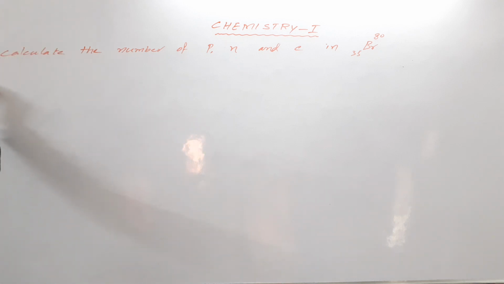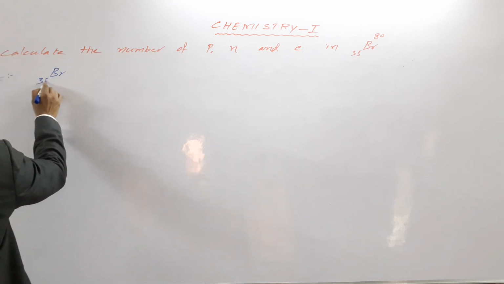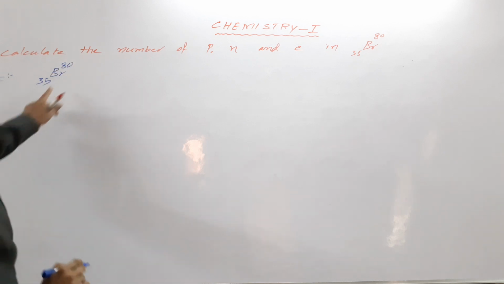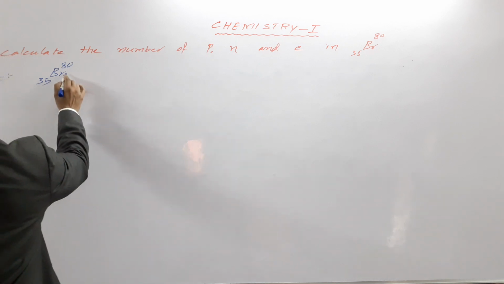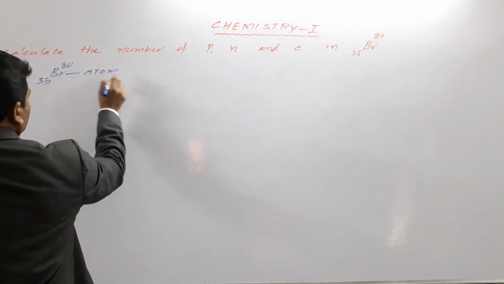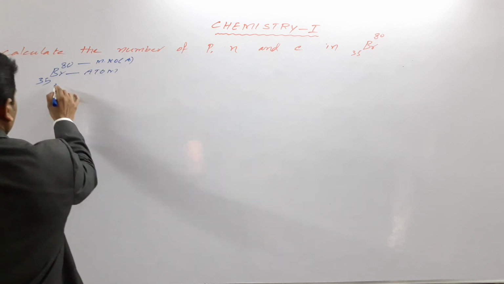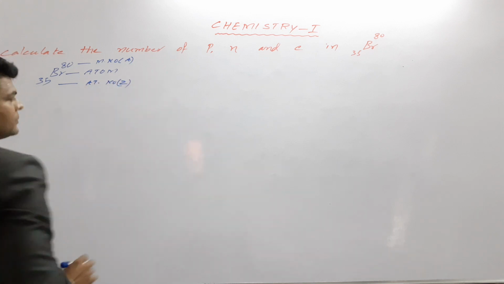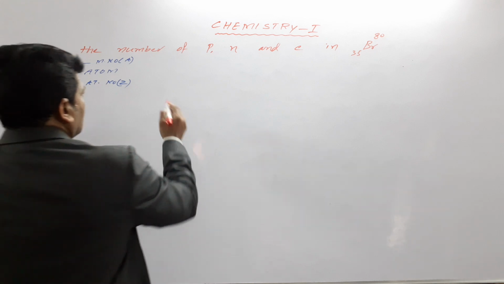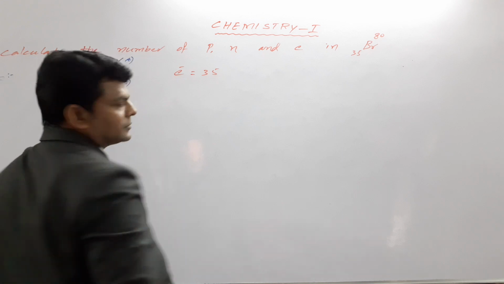So here I have to know the solution. So here bromine 35, 80, it is an atom, it is mass number A, it is atomic number Z. So electrons is equal to 35.